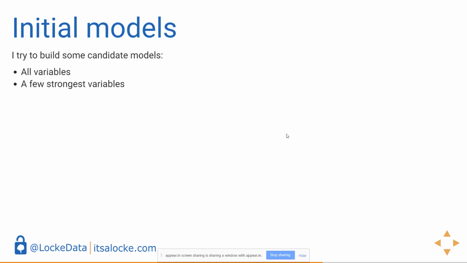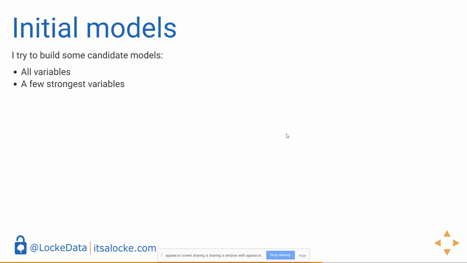Then I look at the most predictive variables and just do those. So a simple model is usually better than a more complex model, because it's more interpretable, more generalized, easier to get data for in future.